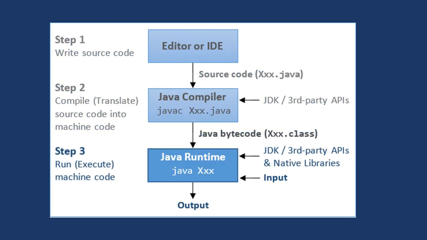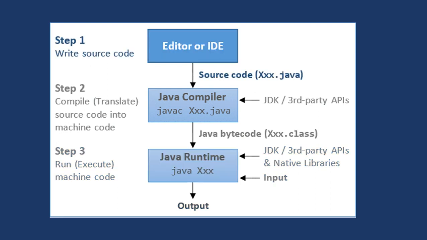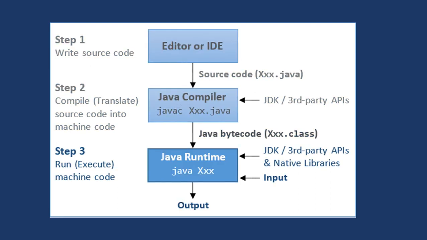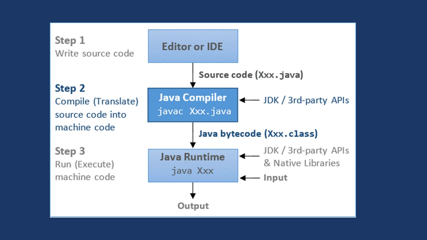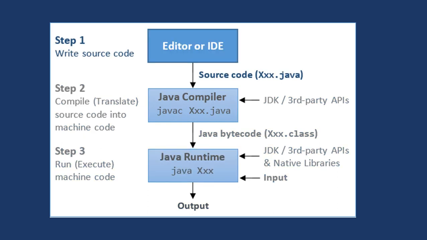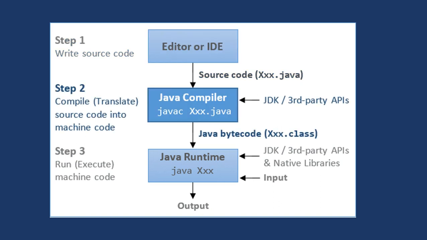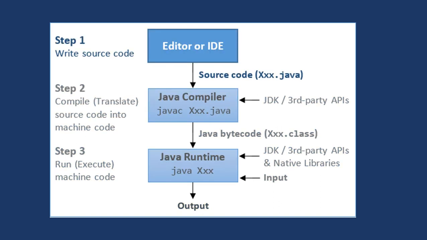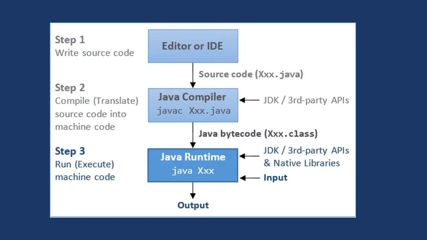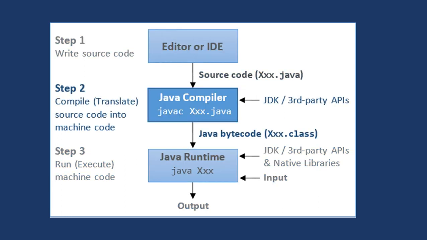This slide explains how source code in Java is compiled, interpreted and executed in the Java runtime environment. The first step is writing the source code using a text editor or an IDE, which means integrated development environment.